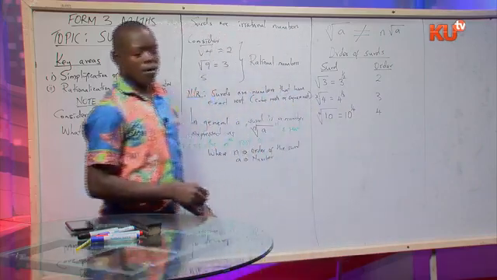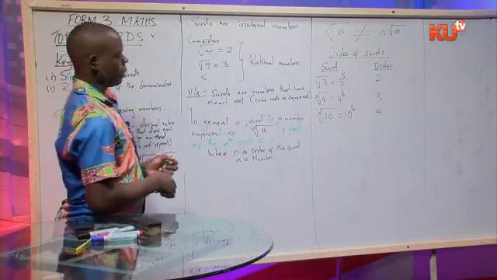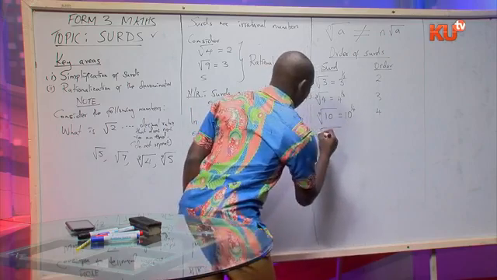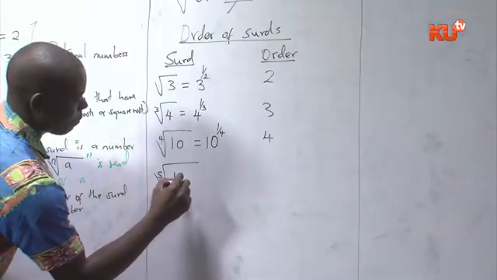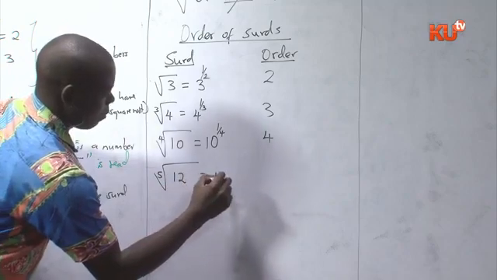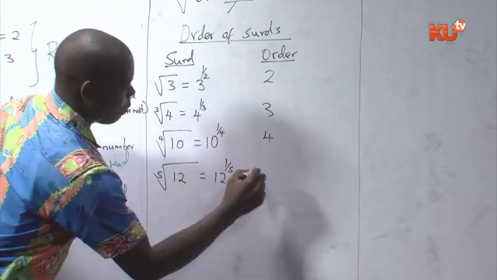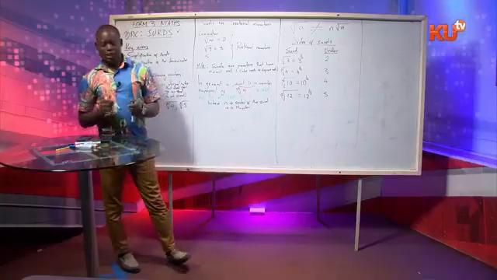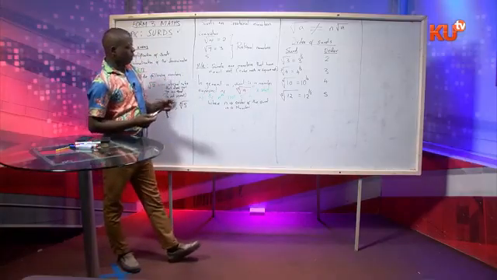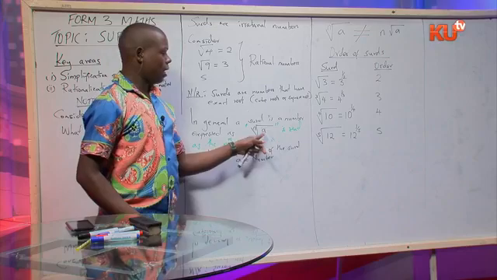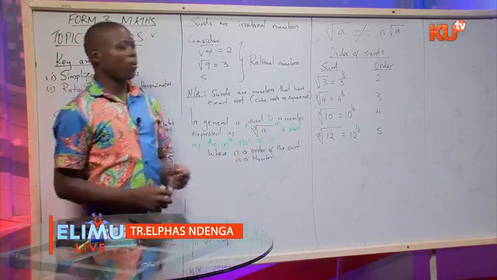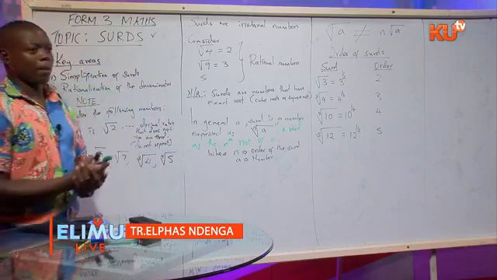So we have order 4. Again, fifth root of 12. This is 12 to the power 1 over 5, which gives us order 5. And that's why we are saying, in general cases, if you have a surd of n root of A, then n defines the order of that surd.